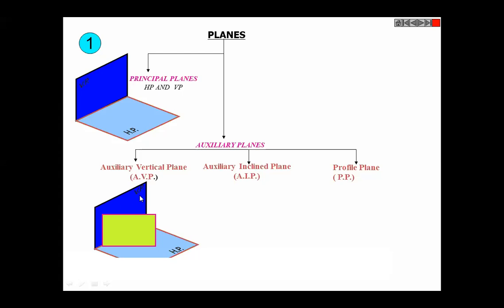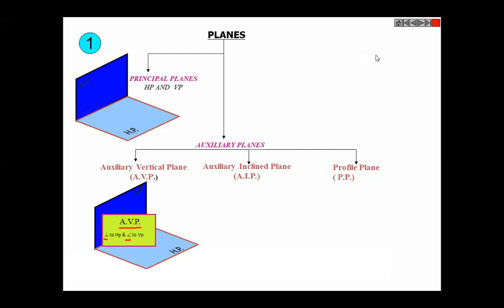Now this symbol is for perpendicular, and this is the symbol for incline. So this AVP, auxiliary vertical plane, is perpendicular to HP and inclined to VP.